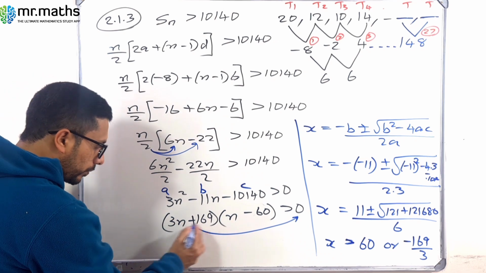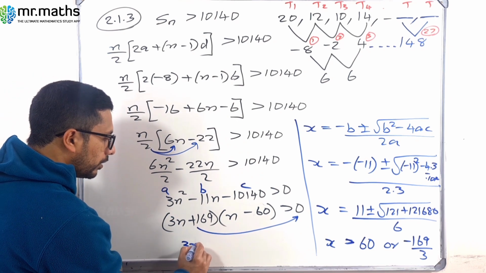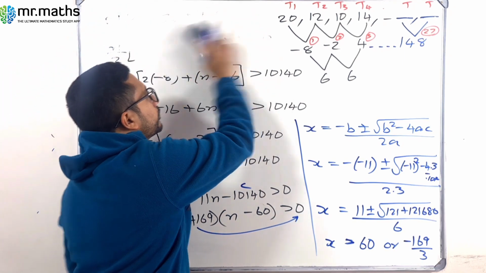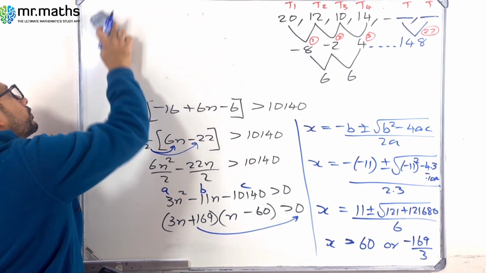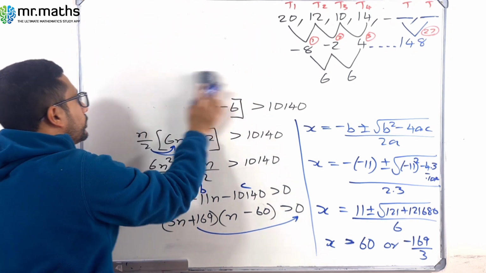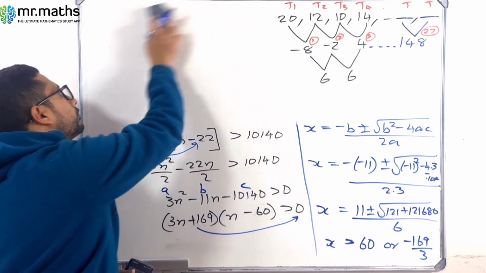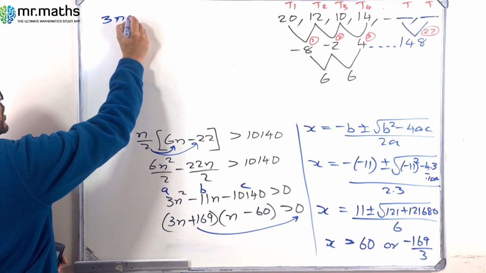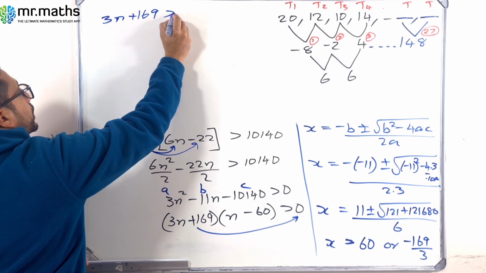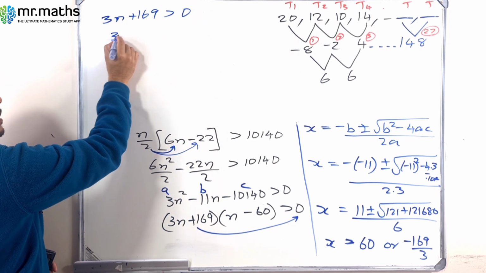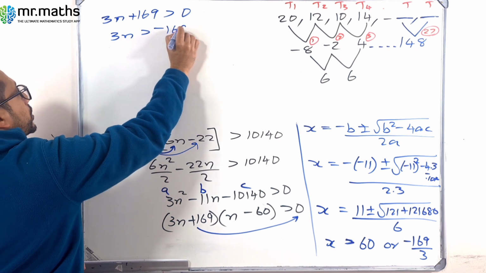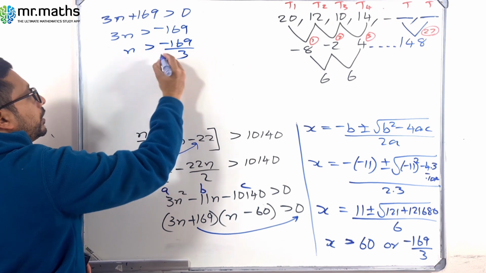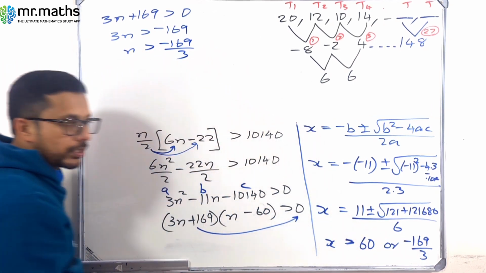Anyway, look at this: 3n plus 169 is greater than 0. So from here 3n is greater than minus 169, so n is greater than minus 169 divided by 3. Can you see that here also you got minus 169 by 3.